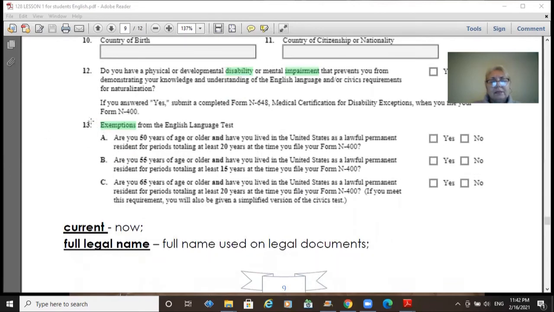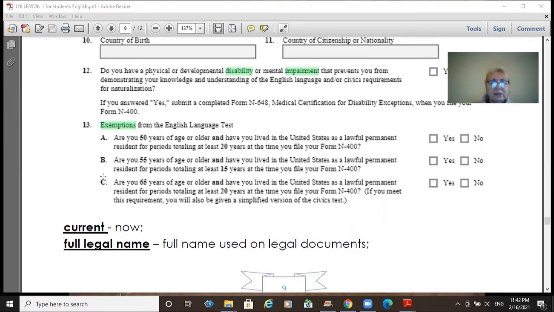Now, for item number 13, they may ask, do you have any exemptions from the English language test? And that's for people who belong to certain categories. Category A is for people who are 50 years of age or older and they have lived in the country for 20 years or longer. Category B is for people who are 55 years of age or older and they have lived in the country for 15 years or longer.